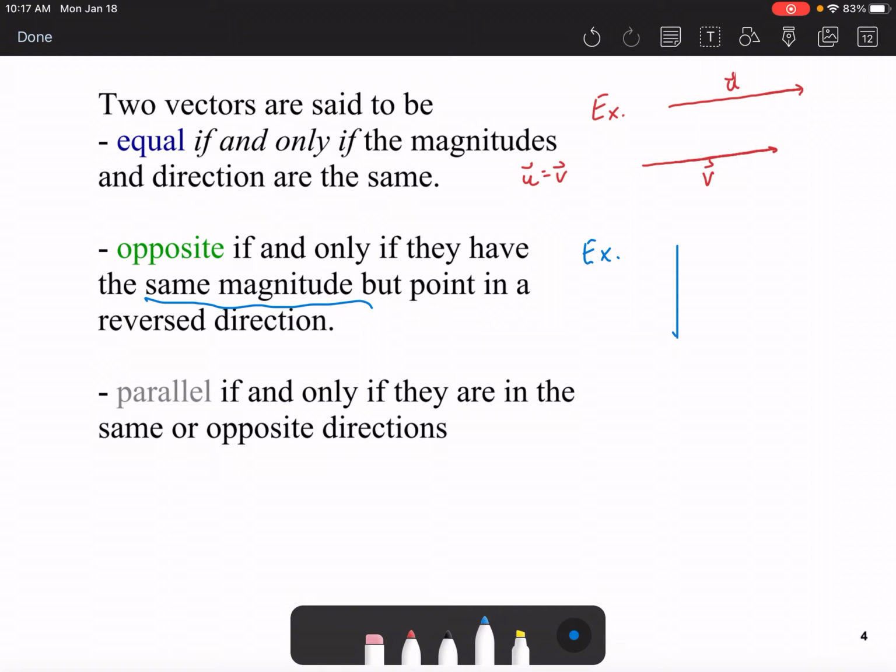I'll call this vector A, and I'll draw another vector the exact same size, just moved over a bit, a little lower. I'll call this vector B. How do we state that these are opposite vectors? Well, we use a negative symbol. So A is equal to negative B, headed in the opposite direction, or if you wish, B is equal to negative A.